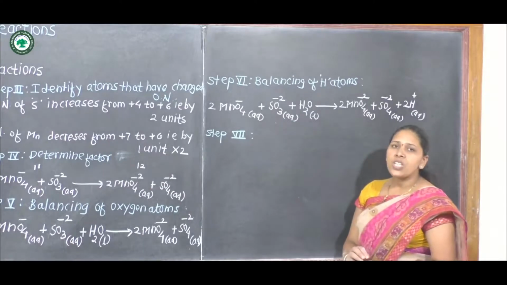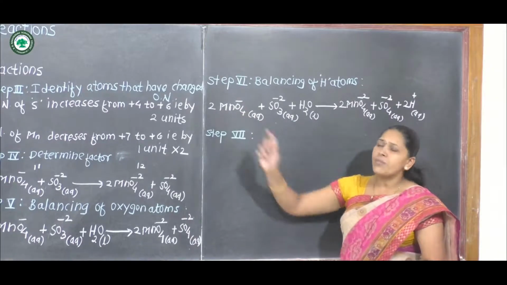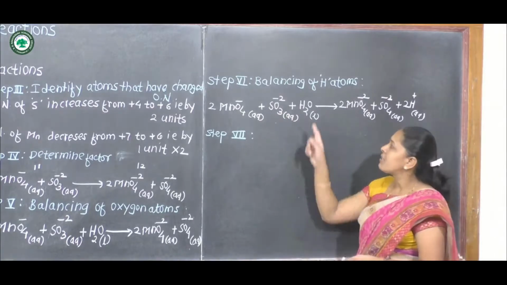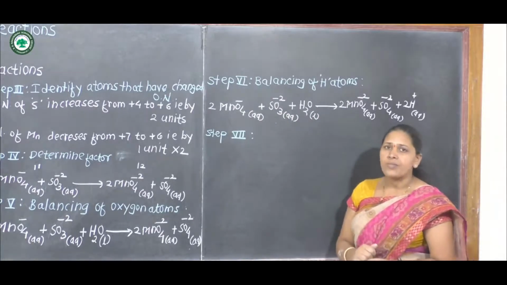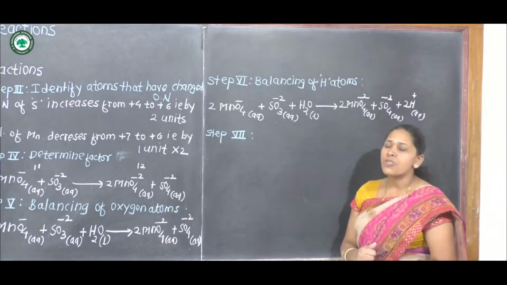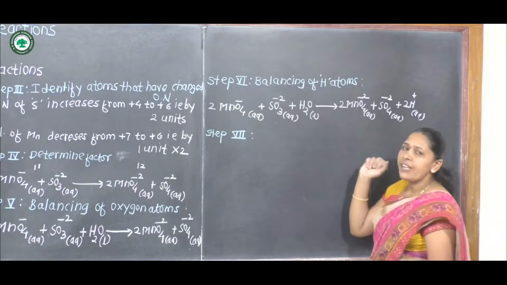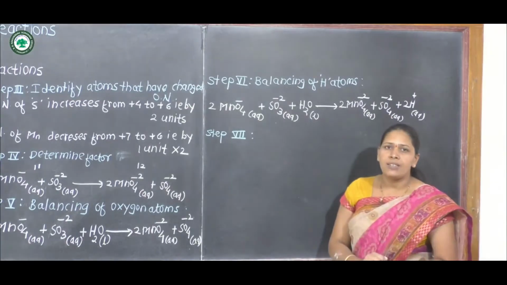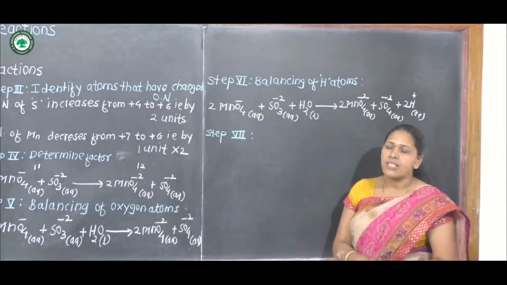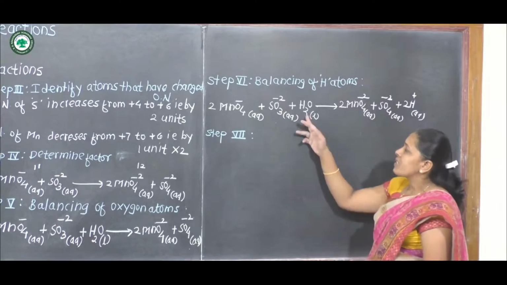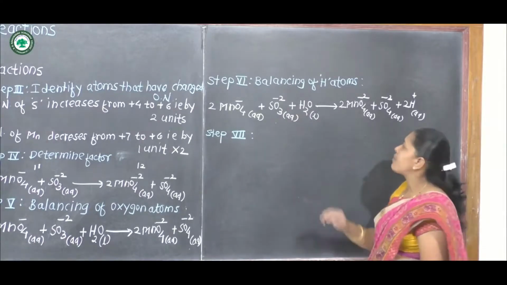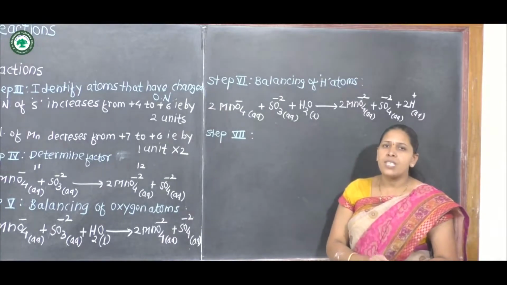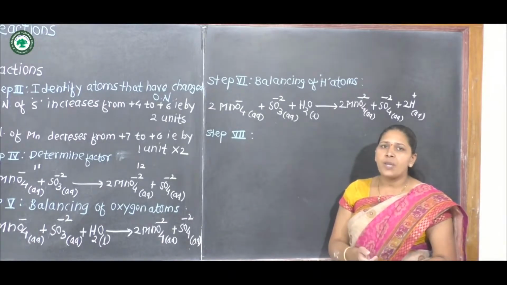Then number of oxygen, 4 multiplied by 2, 8, 8 plus 3, 11, 11 plus 1, 12. On the reactant side there are 12 oxygen atoms present. Product side 4 multiplied by 2, 8, 8 plus 4, 12. That is, oxygen is balanced. Then hydrogen, reactant side 2 hydrogen atoms are present. Product side there are also 2 hydrogen atoms. That means reaction is balanced with respect to all atoms.